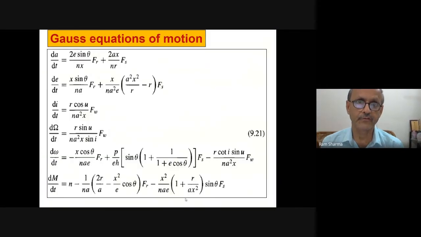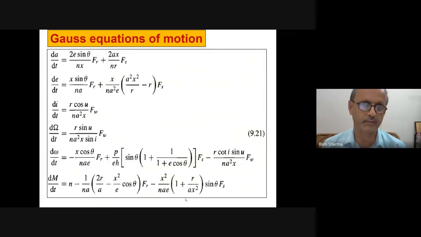So in the Gauss equations, you find out the 3 components of the force: in the radial direction, the tangential, and then normal to that, in a right-handed coordinate system. And then once you know the components, you put them in, simplify them, and get the different equations. So this has been utilized by a number of people.